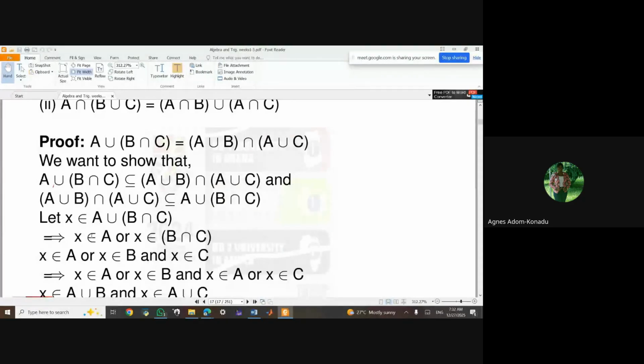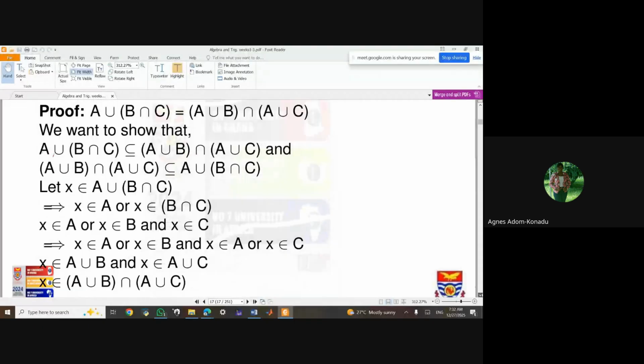So when I come here, X is in A, or, so the or is here, X is in B, and X is in C.